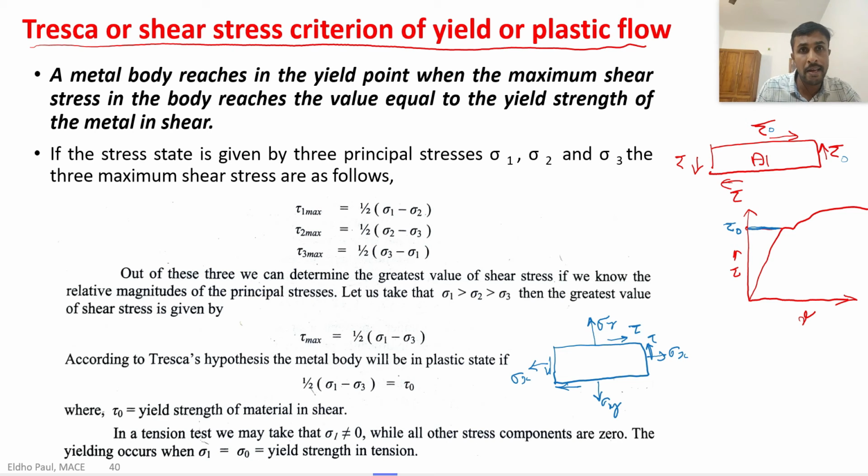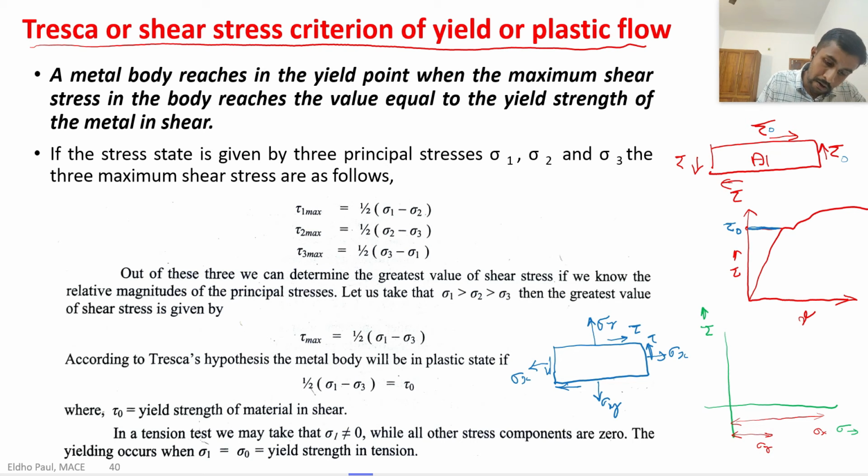You know how to draw a Mohr circle based on this plane stress condition. In this Mohr circle, this direction is sigma and this direction is tau. Initially we have sigma x, this much is sigma x, and this much is sigma y.